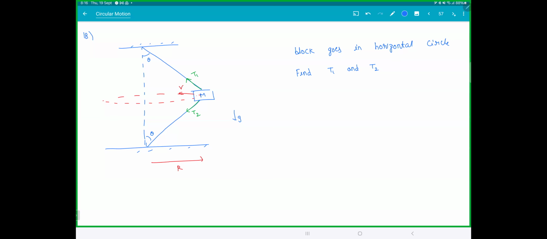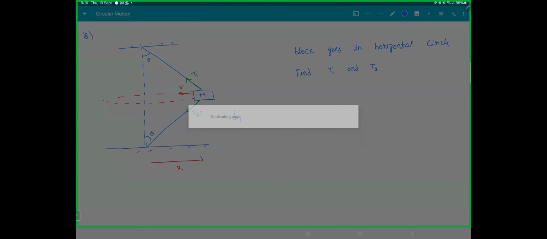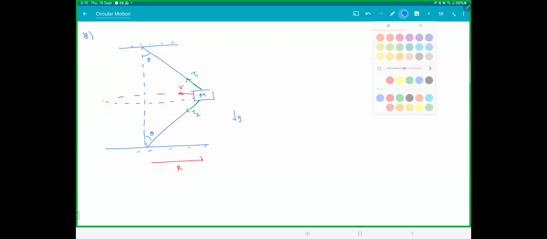Let's see. Step one, choose my observer. I'll put my observer on the block. Means I'm going to use centrifugal force. Doesn't matter. You can take anything you want.